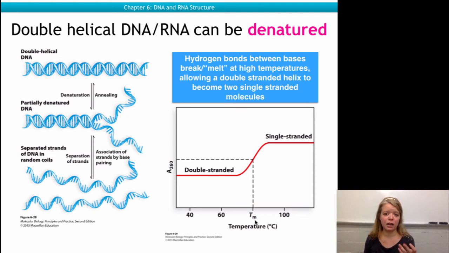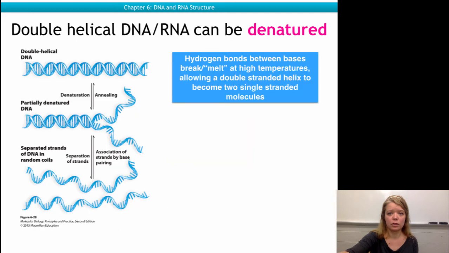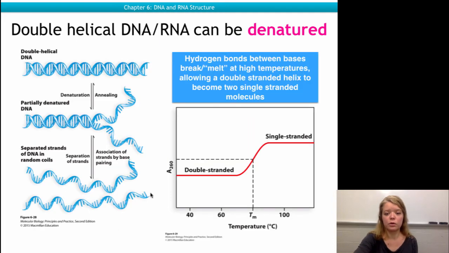That's where 50% of the double-stranded DNA have been denatured and are now separate. TM can be calculated, and the length and the GC composition of the different DNA molecules will affect when those particular double-stranded molecules will separate, aka melt.